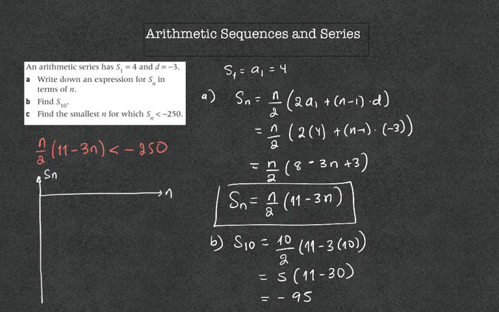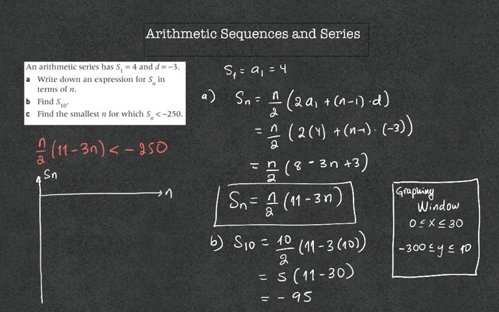So I'm going to draw a window from maybe the minimum, because we need to see the 250. I should secure a minimum of maybe minus 300 and a maximum of maybe 10 so that we can see the 4, right?